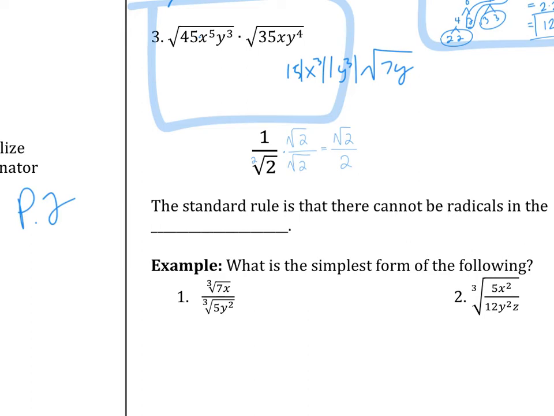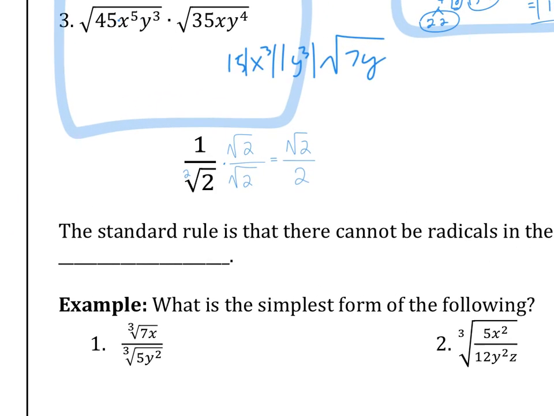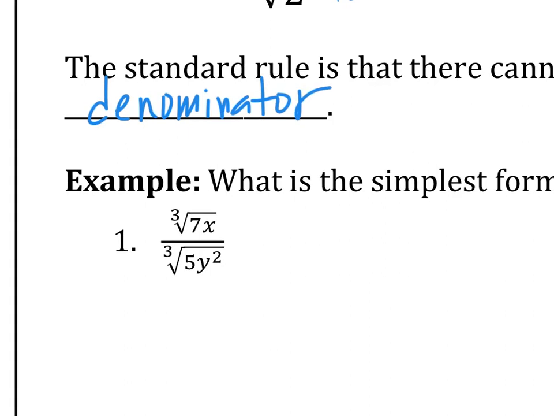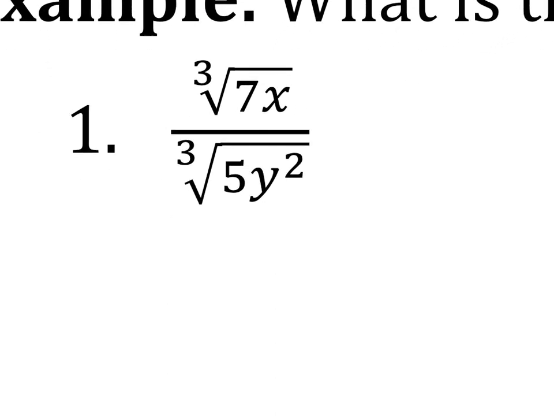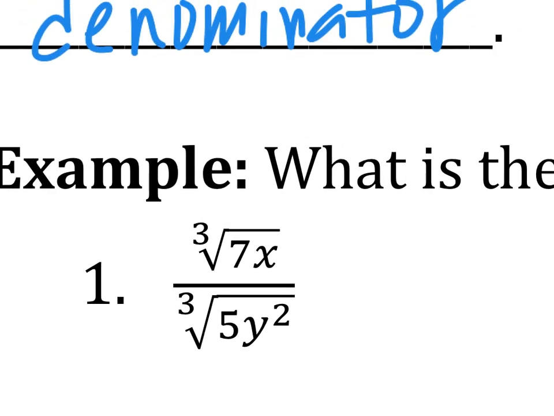The standard rule is that we cannot have radicals in the denominator. If we have that in the denominator, we got to get rid of it somehow. All right, so if you look at number 1, what do I need to multiply top and bottom to get rid of the denominator?